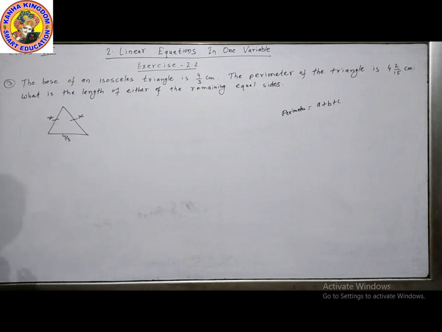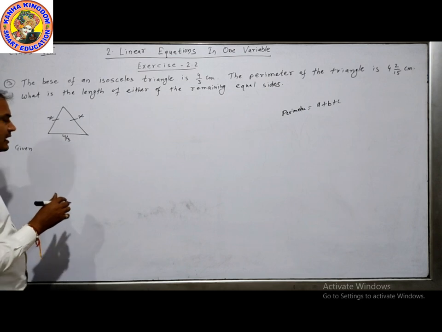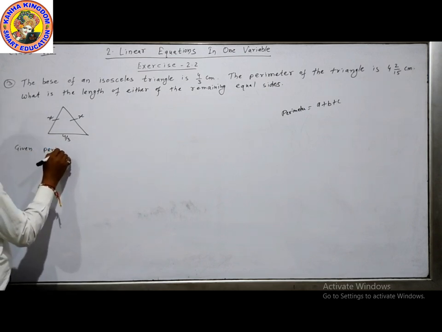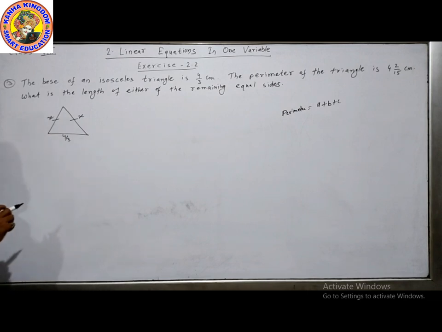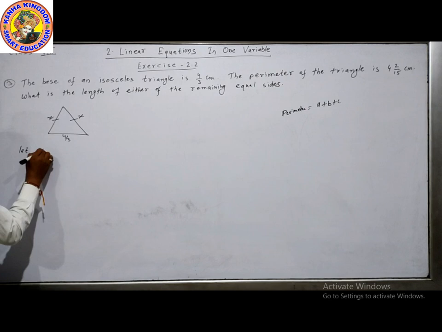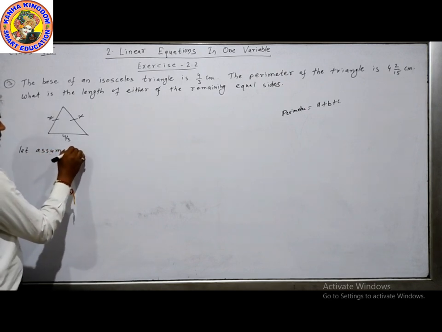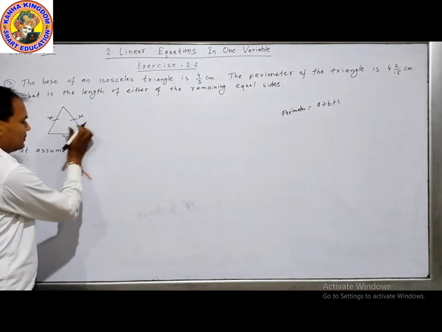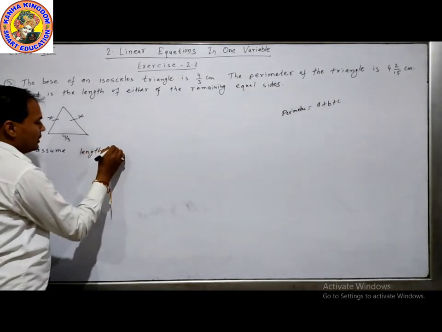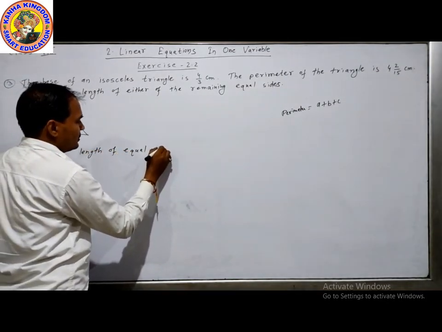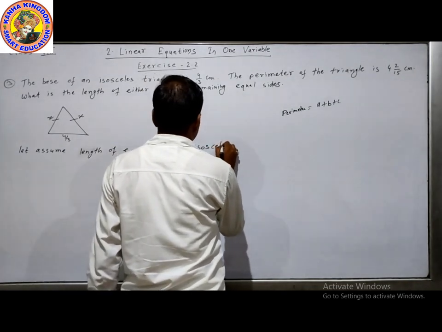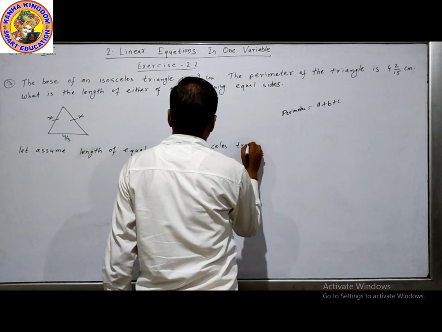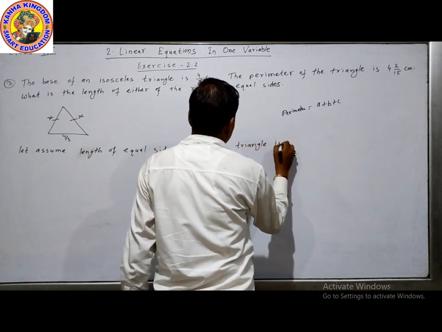Now we take this question. First of all, we solve the perimeter given as a mixed number. Let us assume, first of all we denote x: let the length of the equal sides of the isosceles triangle be x.